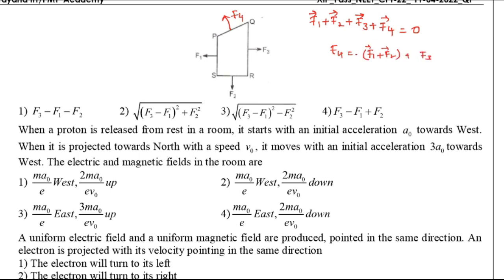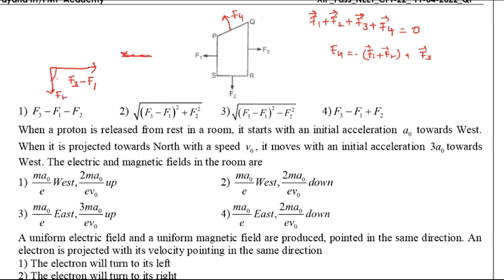Let us say F3 is greater, because in the options F3 is there. So the net along the x-axis is F3 minus F1, and along the y-axis it is F2.